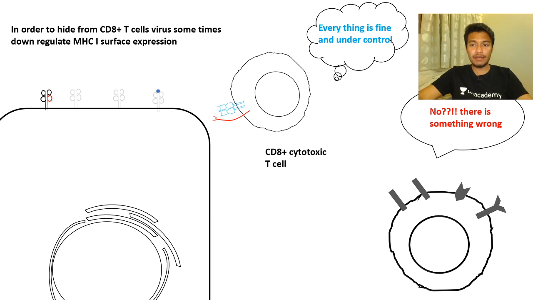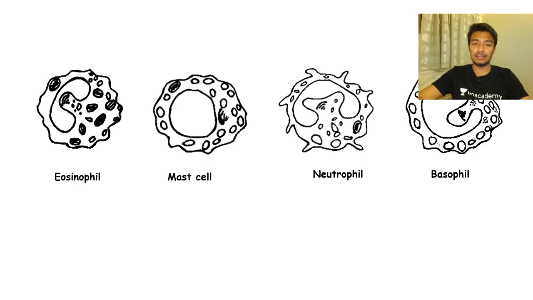So as a result, they attack the cells which don't have class 1 MHC. So if our CD8 positive killer T cell fails, NK cells save the day. This is how beautifully our immune system is wired, such that it can really maximize its response against pathogens and save our body from several pathogens and harmful attacks.